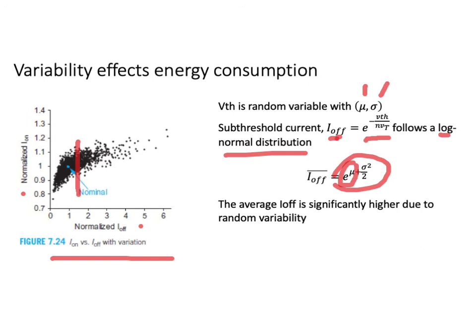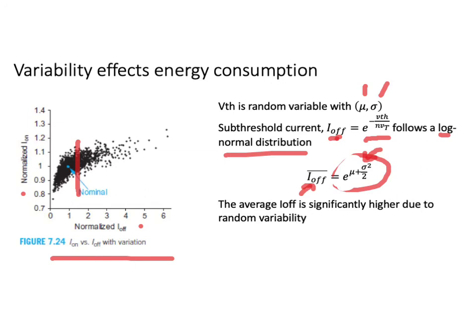So the important point to note here is that this gives you the anticipated leakage current if you are not considering any of the variability. But the key point I'd like to draw to your attention is that the anticipated average subthreshold leakage current is dependent largely on the variance of the V_TH.